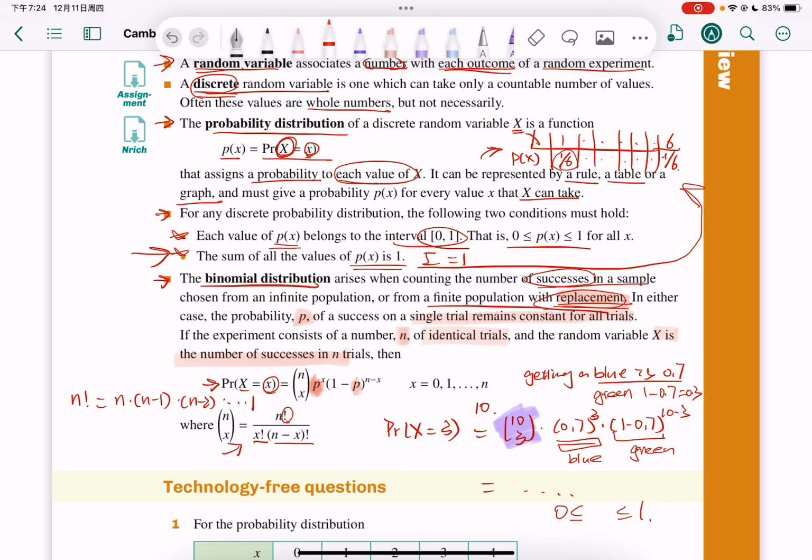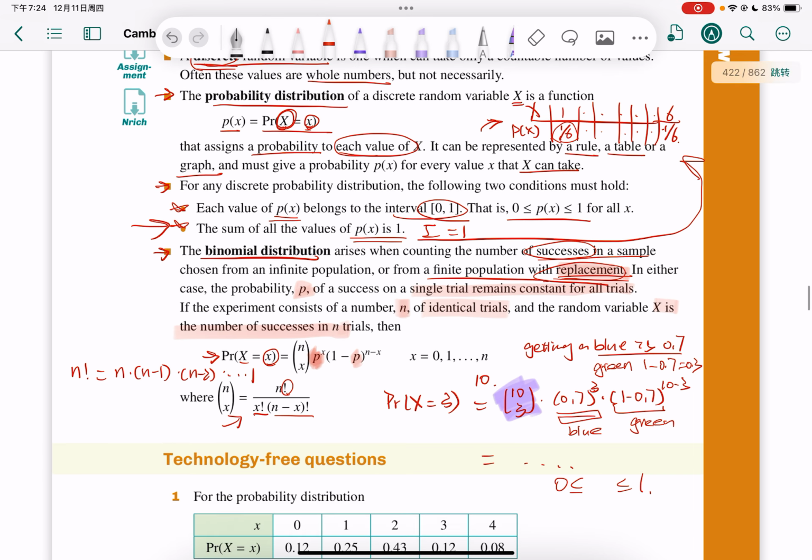So if your n is not very big, for example, if we have 10, then let's do 3 factorial and then 10 minus 3 factorial. We can cancel out this part and the top part. Let's write it more clearly: 3 factorial and 7 factorial. Let's cancel out the 7 factorial.